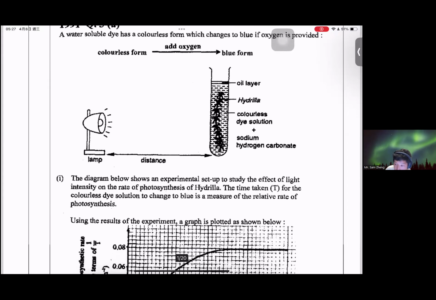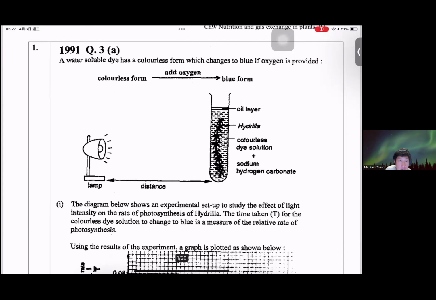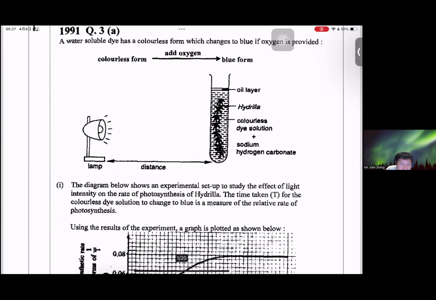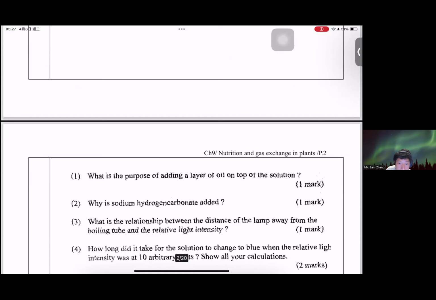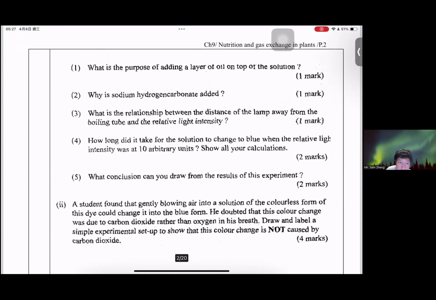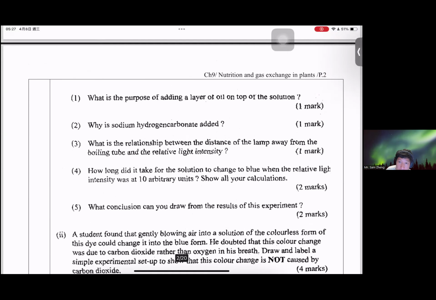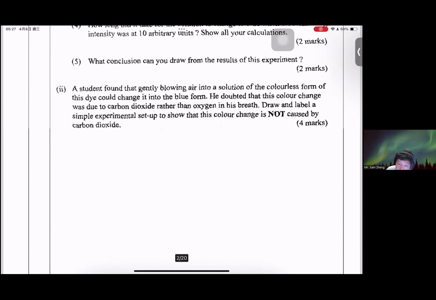Okay, so maybe let us quickly have a look at the first question over here. We place a lamp, and the lamp is facing towards the test tube. The test tube is covered with an oil layer. Can you tell me what is the function of adding an oil layer on top of the solution? It is to prevent something from dissolving.